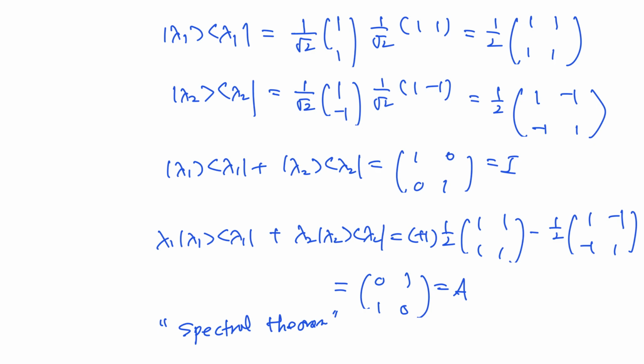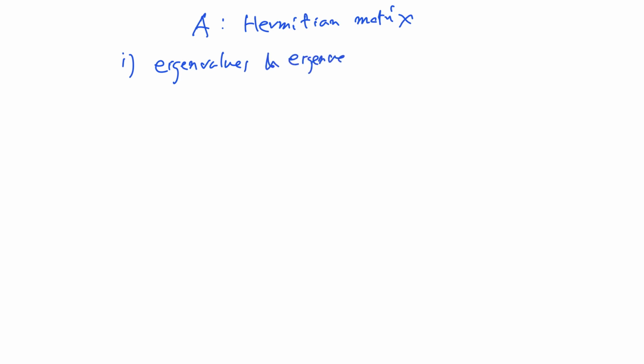So let's summarize some of the properties of Hermitian matrix. Sorry, Hermitian. Eigenvalues are real number.